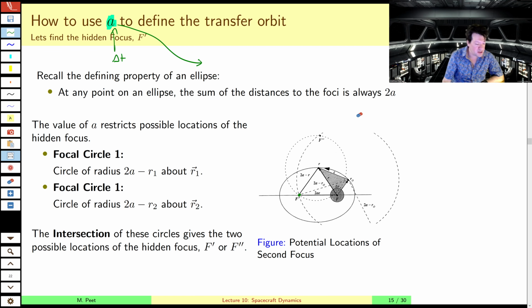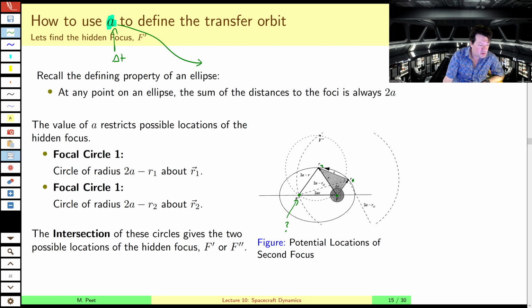To solve this problem, it's actually not that complicated. We just use a very simple property of elliptic orbits, or ellipses in general. Specifically, remember we assume that R1, here this is R1, and R2 are on the ellipse, because that's our transfer ellipse. They have to be on the ellipse. The focus is here, and we want to determine this point, F prime, the hidden focus.